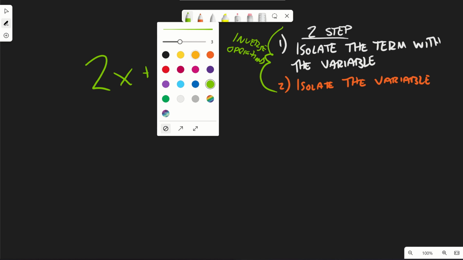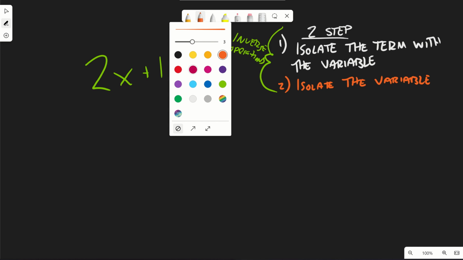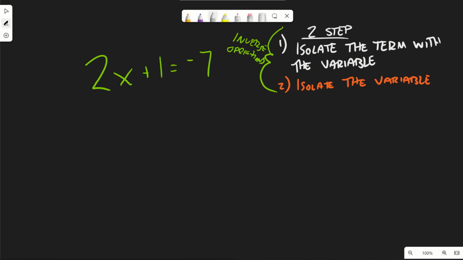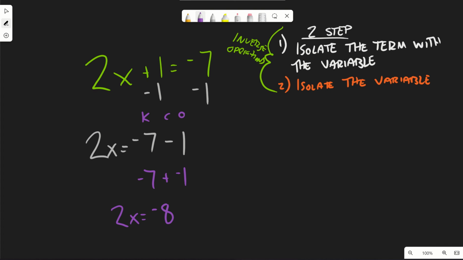So here, I would say, okay, well, this is the term with my variable, so I want to get rid of my other term up here. Which would say I want to minus 1. Go over here and minus 1. This gives me 2x equals negative 7 minus 1. When I change opposite, that gives me negative 7 plus negative 1, which gives me 2x equals negative 8.